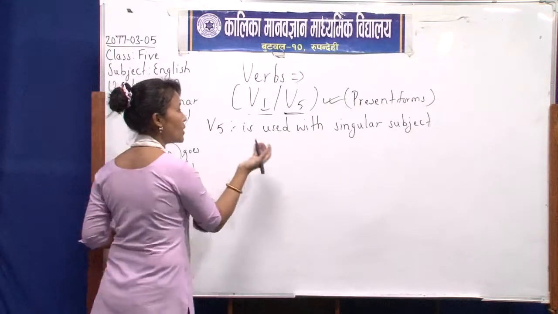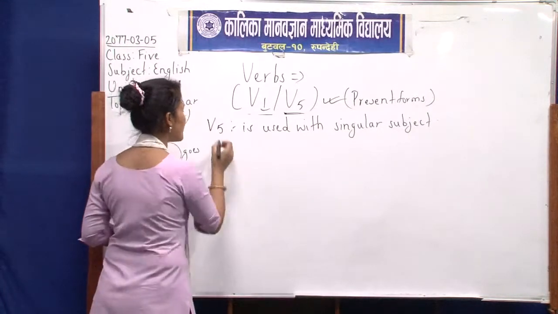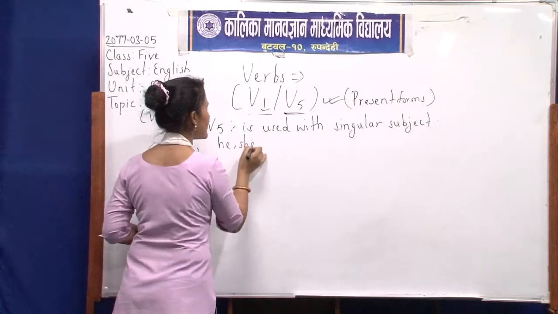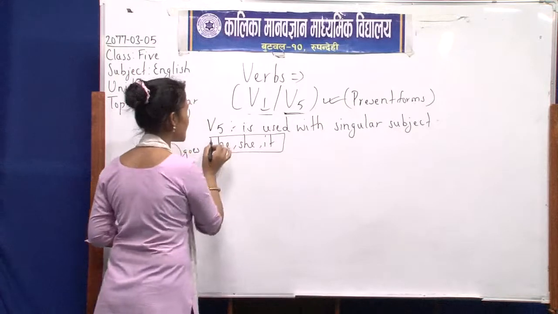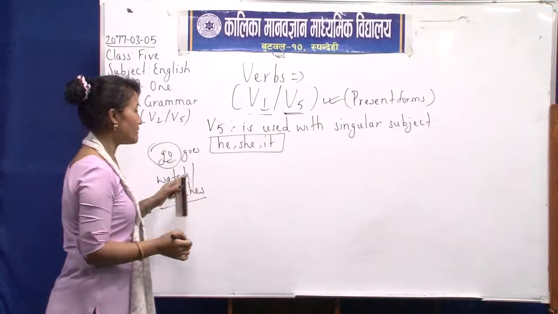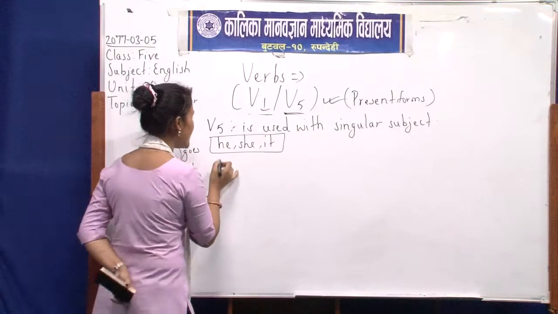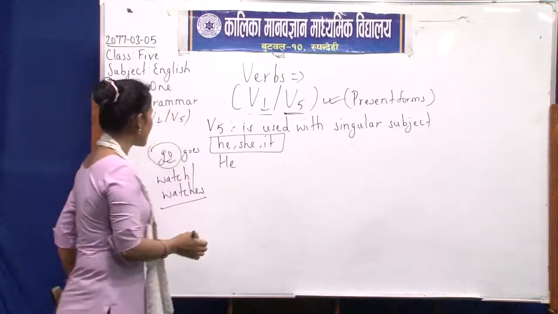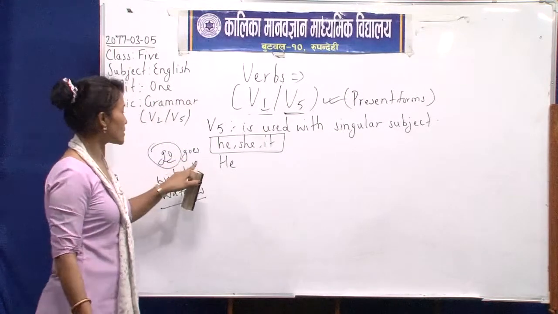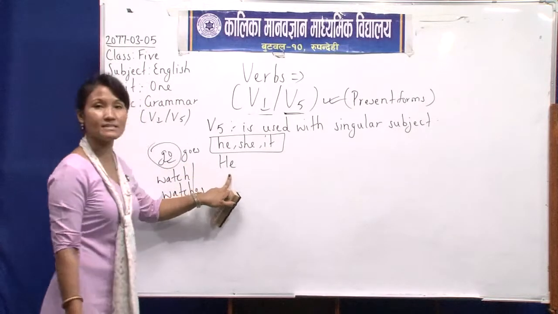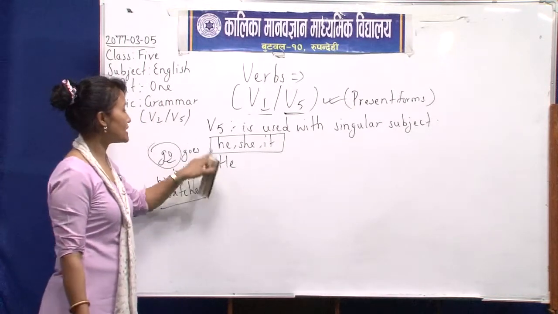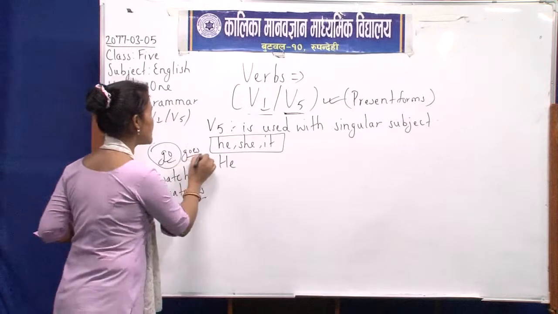For example, what will be singular pronouns? He, she, it, right? These are going to take verb 5. Let's make an example. He. Now, go is verb 1. Goes is verb 5. What will we be using? As he is singular, what does it take? Verb 5, that means goes.